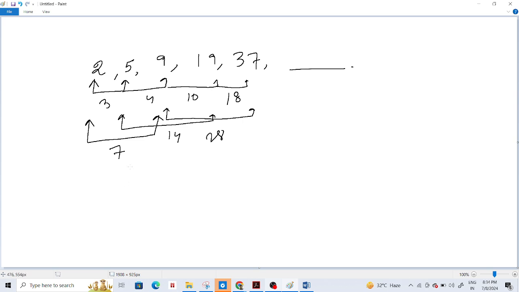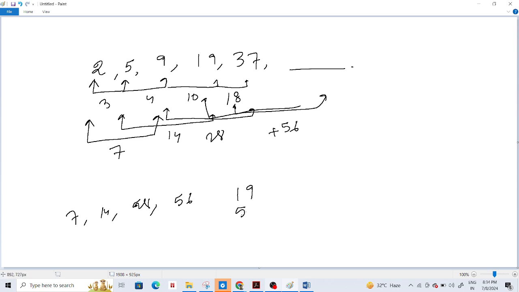So 7 is starting with 7, then 14. Then this one is into 2, that is 28, and the next one is 28 into 2, 56. So this one is going to increase by plus 56.